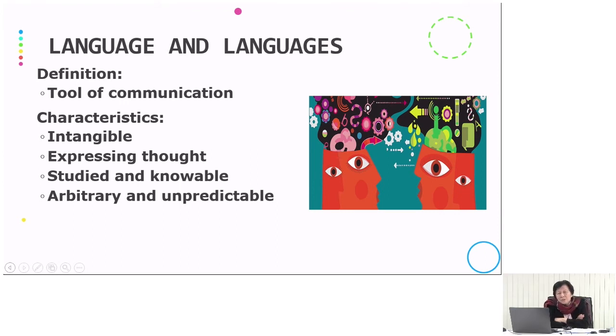So we use the language. If you would like to gain more knowledge, you use language. If you would like to be a learned one, if you want to know a lot, you want to be a philosopher, you want to study more from primary level until university level, you just use language. Okay?